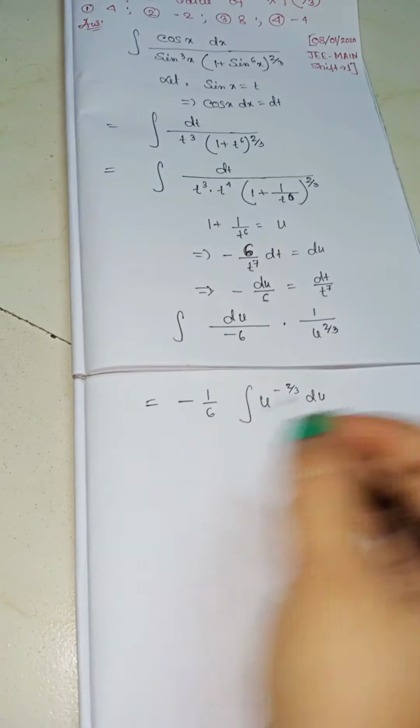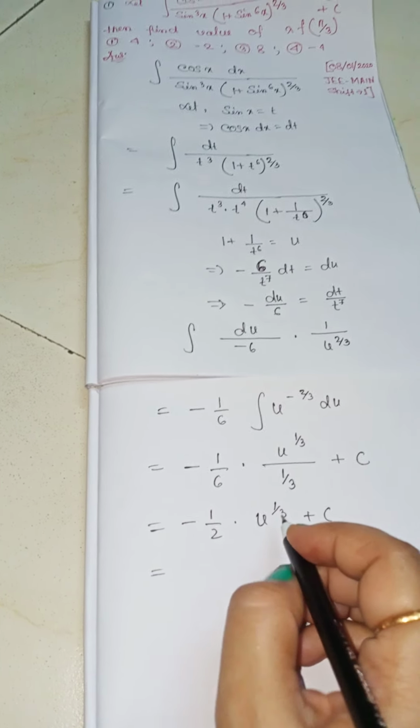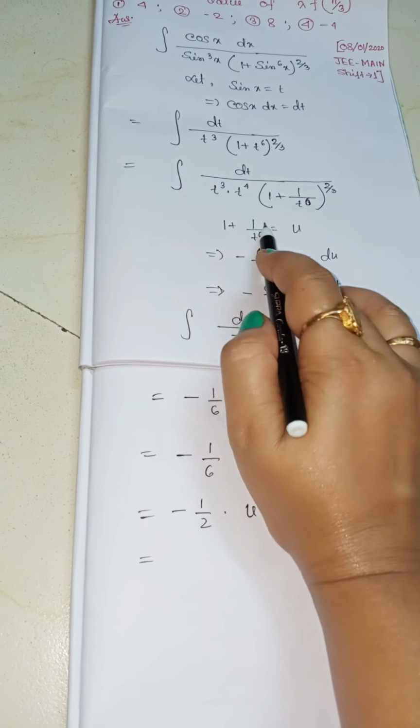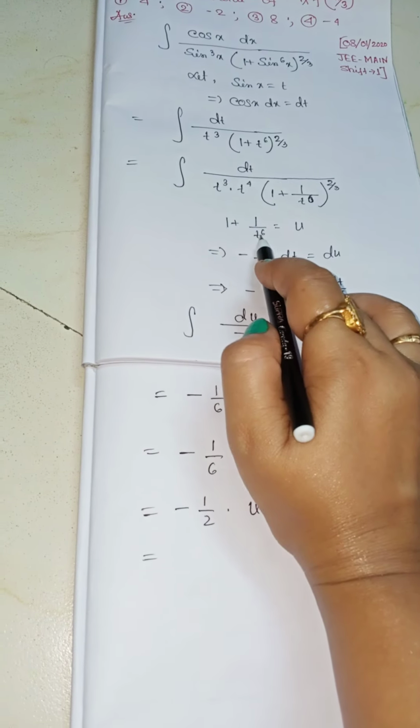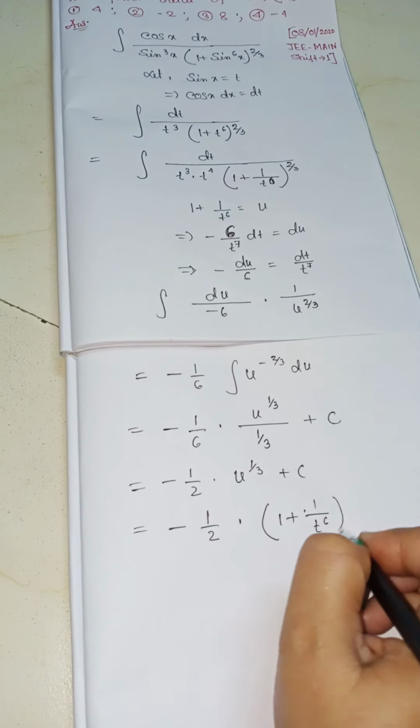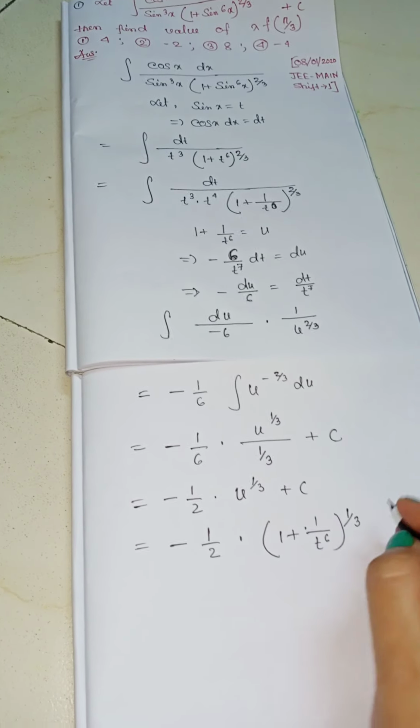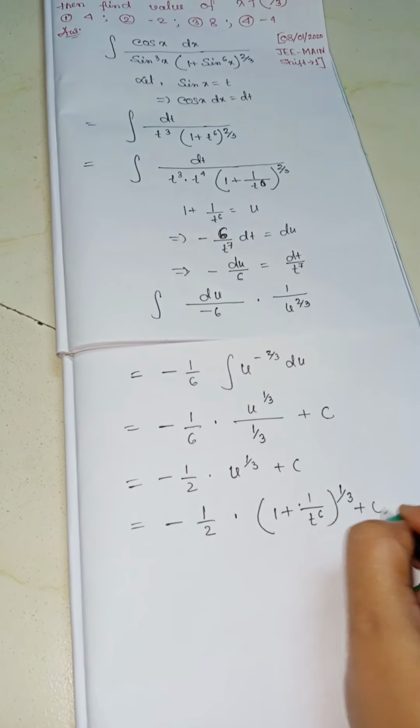Now putting the value of u as 1 plus 1 by t to the power 6, this becomes minus half into (1 plus 1 by t to the power 6) whole to the power 1 by 3 plus c. Now replace the value of t with sin x.